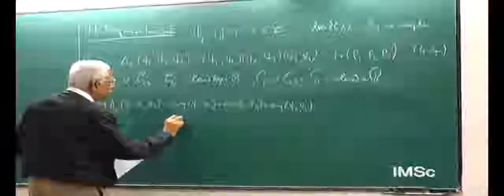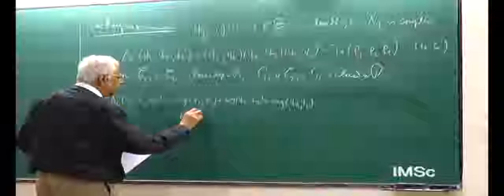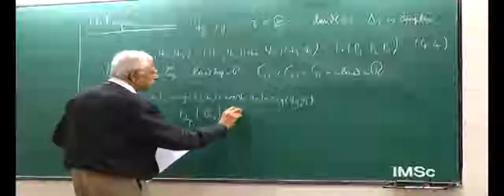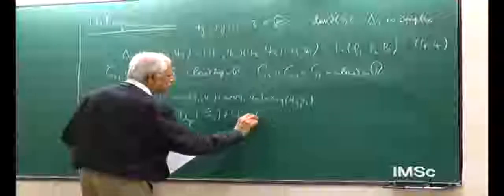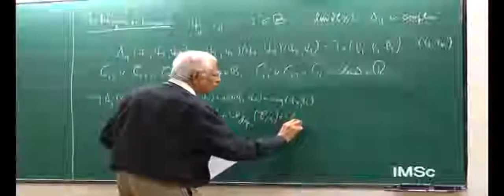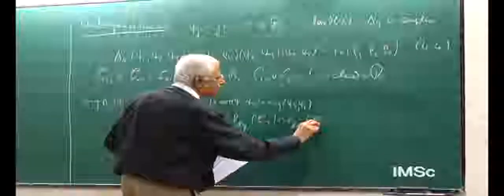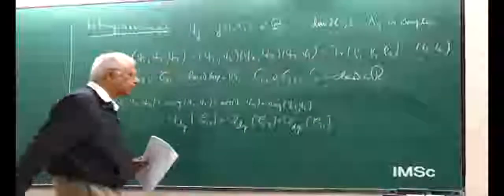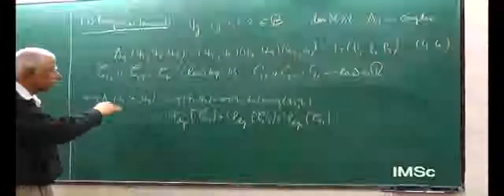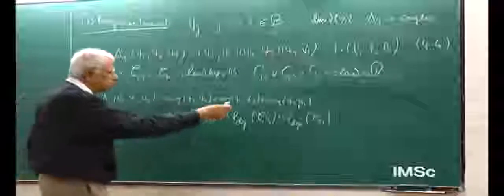So this is equal to phi dynamical of C12 plus phi dynamical of C23 plus phi dynamical of C31. And since the dynamical phases are additive, each one of these is an integral of that one form capital A along C12, C23, C31.